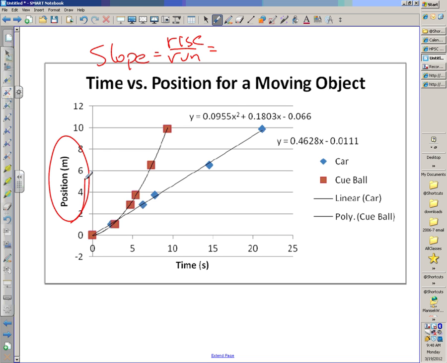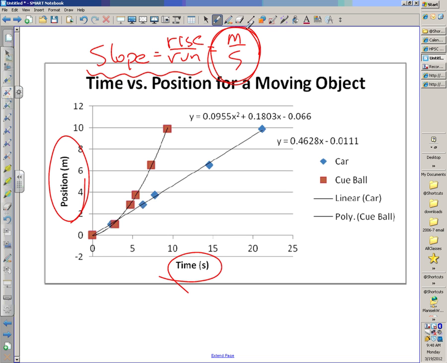Position, which is measured in what unit? Meters. So if we apply this rise over run general form for slope to this graph specifically, we're going to have meters on the top of that fraction. Then, what's on our run axis? Time, which is measured in seconds. So what is the unit for this? If we calculated the slope of this graph, units-wise, it would come out as meters over seconds.